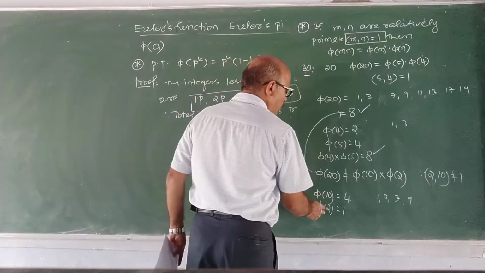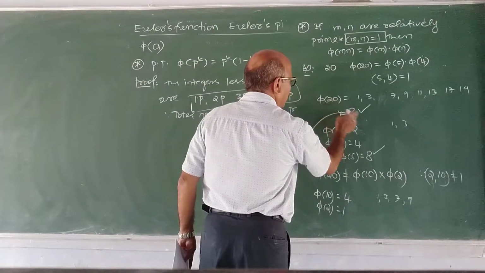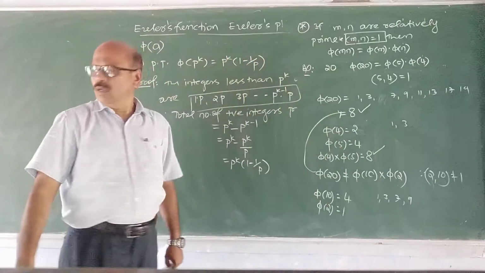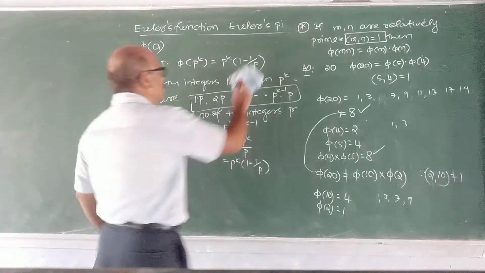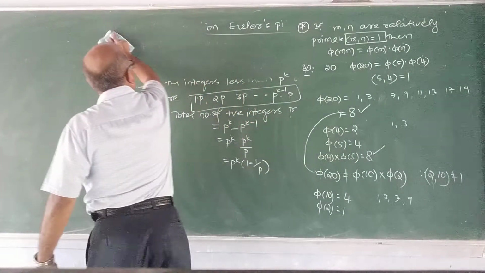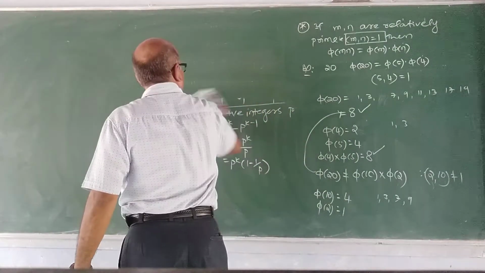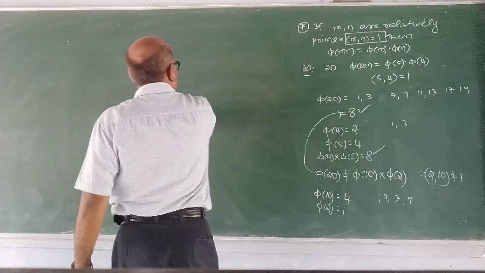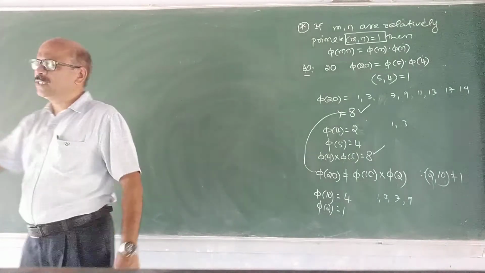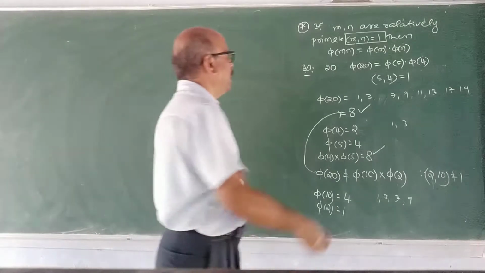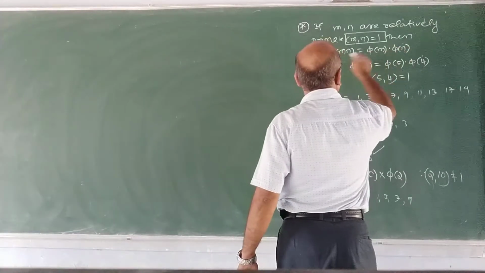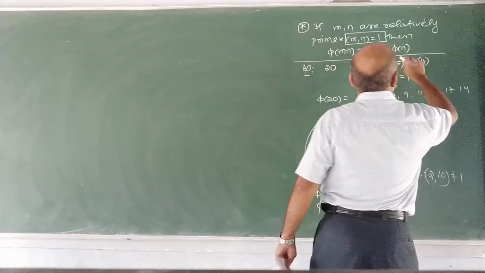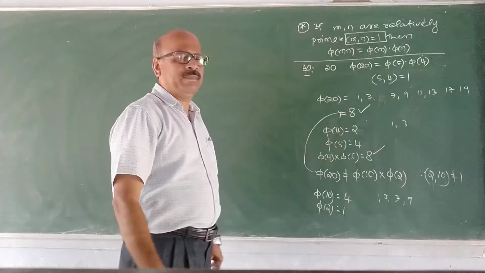Now what is phi of 10 into phi of 2? 4. But phi of 20 is 8. So this result is important. What is the result? The Euler's function is multiplicative. Phi of mn is phi of m into phi of n, provided m and n are relatively prime.